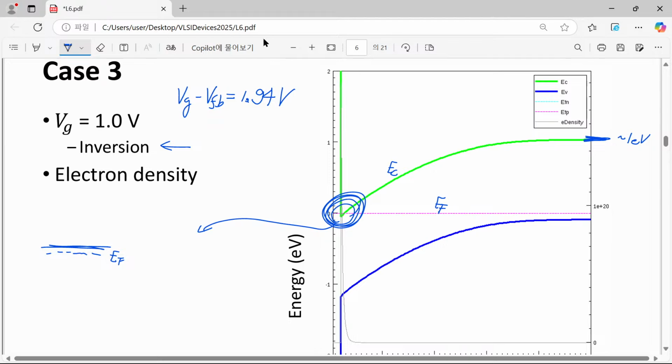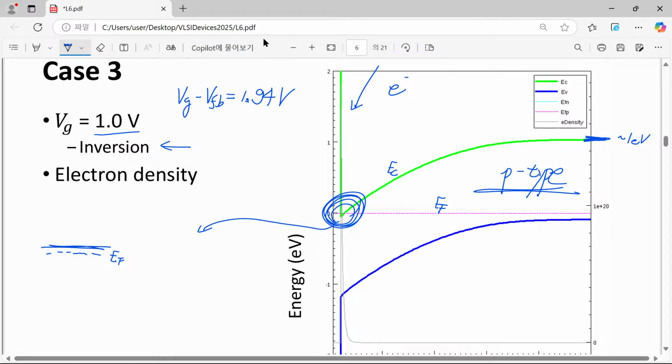Although this system is, by construction, a p-type substrate, therefore we expect the existence of a lot of excess holes, but in this system, actually applied with 1.0 volt, you can find so many electrons instead of so many holes. This is counterintuitive, so that's the reason why our ancestors named it a phenomenon called inversion.